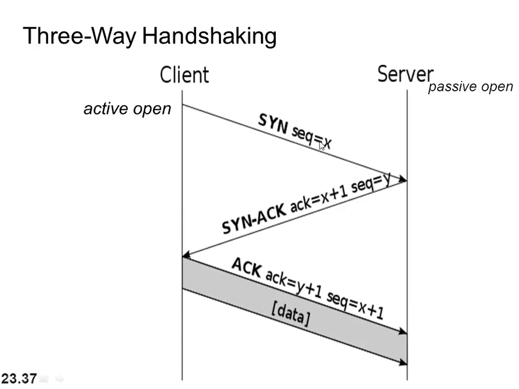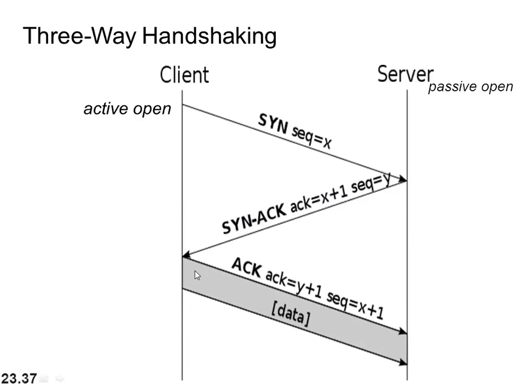So for this synchronization packet, whose sequence number is X, the server is sending an acknowledgement with the number X plus 1, which means that this is the acknowledgement for this synchronization packet. Now the server is also sending its own synchronization packet which has some sequence number, that is Y. For this synchronization packet, the client is sending an acknowledgement.